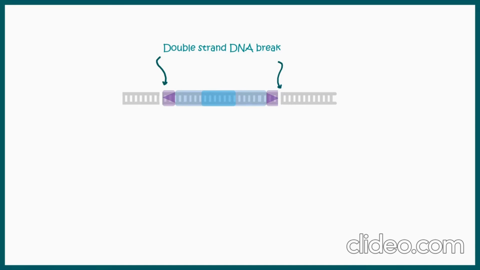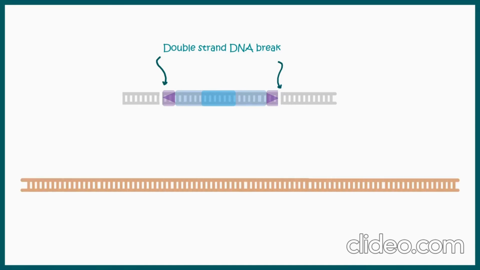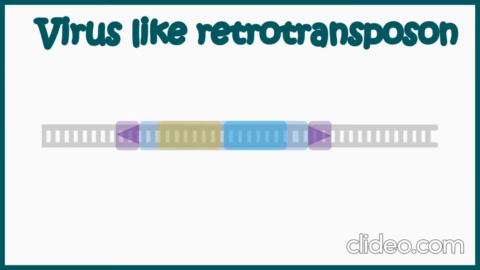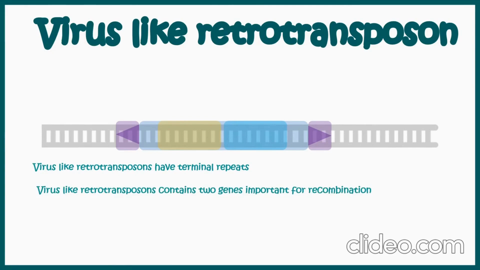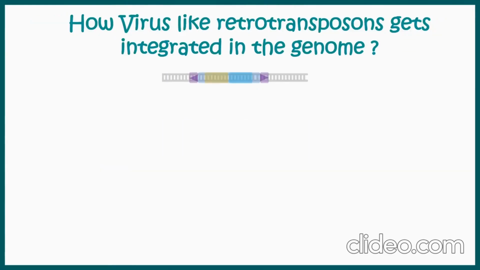Now let's talk about the virus-like retrotransposons. These have terminal repeats as usual, but at the same time they have two genes encoding reverse transcriptase and integrase, and both of these are important for the function of virus-like retrotransposons. Let us try to understand how virus-like retrotransposons get integrated into the genome.